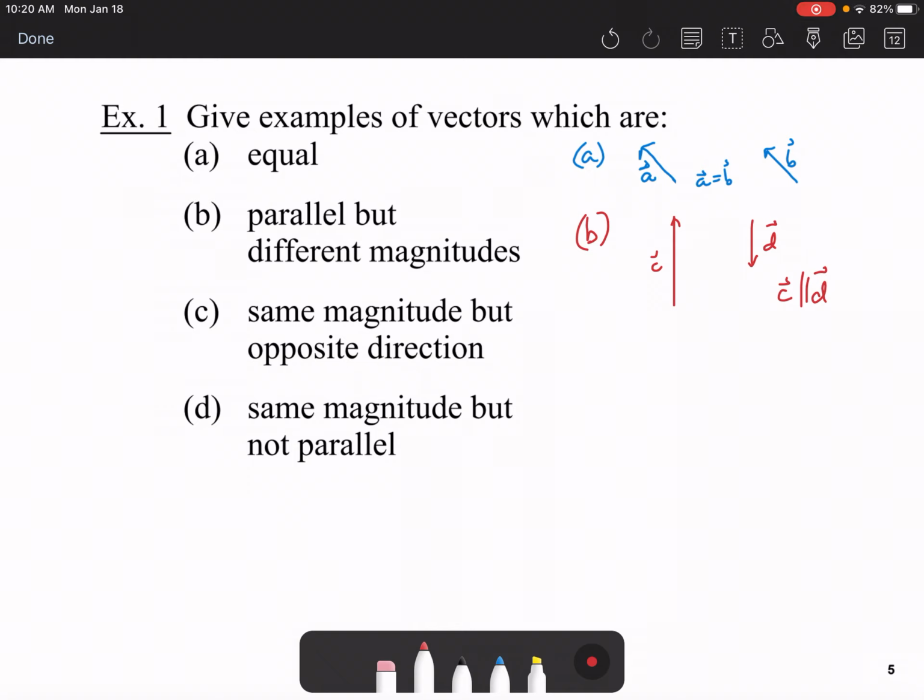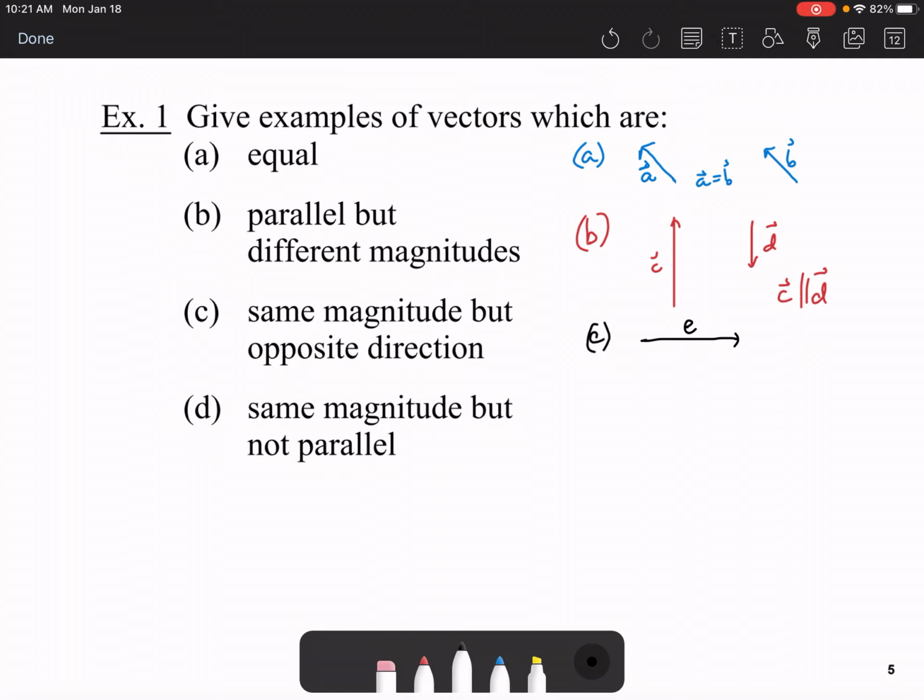Same magnitude, but opposite direction. Try some horizontal vectors here. So, same magnitude, but opposite direction. So let's draw something this size right here.